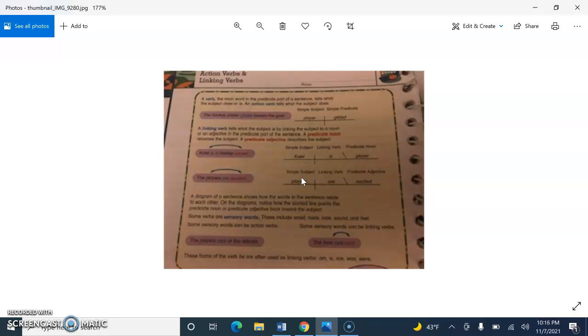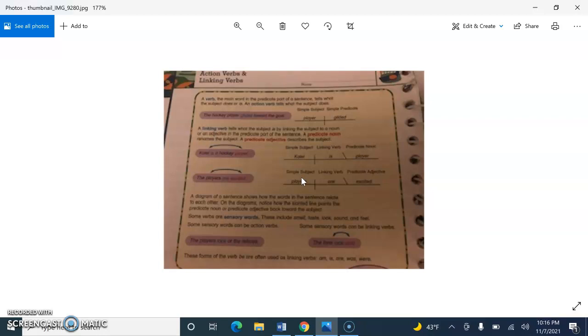Remember we said that not only are our linking verbs am, is, are, was, were, be, being, been, but we also have those sensory words that could be an action, but they could also be linking. And the way we know is whether or not the subject of the sentence can actually do the action of that word.